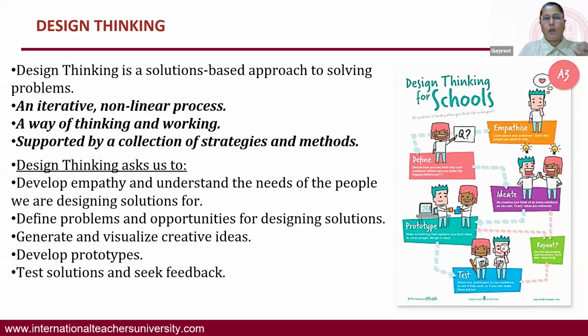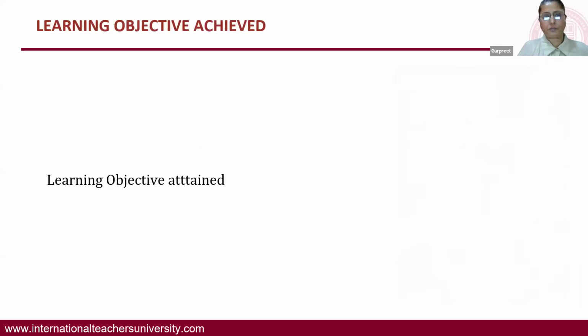Prototypes here means a non-working model or non-working solution, different types of solutions which are put forward by a group of children who are working collaboratively to find the solution to a problem. And the last step is when they create a prototype, they work on it and test the solutions. If it is successful, they give the feedback. So that was the broad outline of how we use design thinking in any sector.